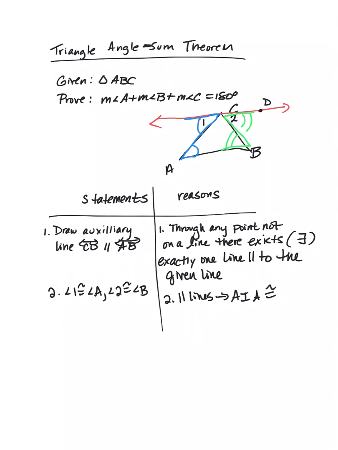Then the next thing we're going to do is talk about linear pairs, right? So what we have here in line 3 is angle 1, and then this other angle ACD must add to 180. Well, if you look at angle 1, let me just highlight this in yellow. If you look at angle 1, and then you look at angle ACD, I know it's a lot of colors here.